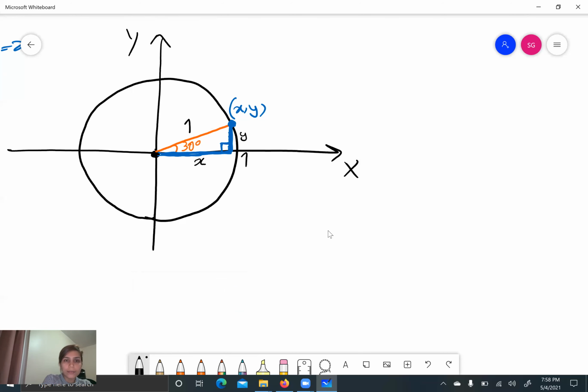One trick is that if we go 30 degrees in the opposite direction, counterclockwise, and then put this right triangle, so this is 30 degrees, then we're going to have a bigger triangle. That bigger triangle is like this, look.